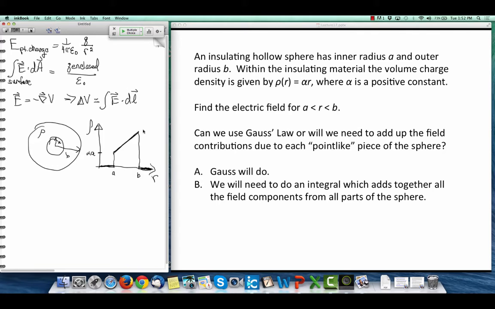Your question as to whether we could use Gauss's law, your answers will come up in a second.